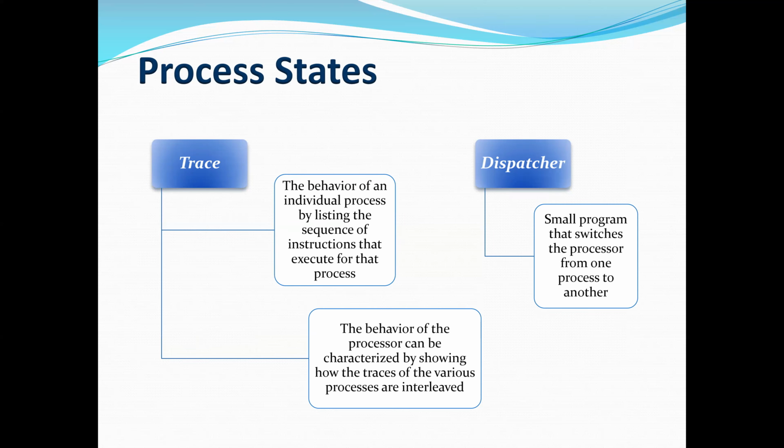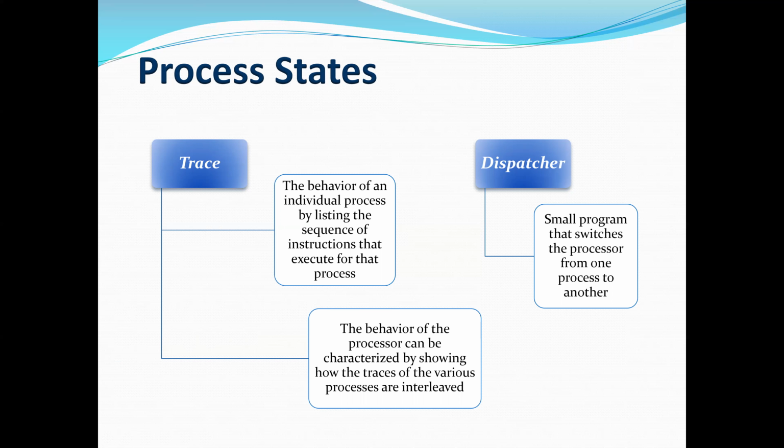Over time, the program counter may refer to code in different programs that are part of different processes. From the point of view of an individual program, its execution involves a sequence of instructions within that program.